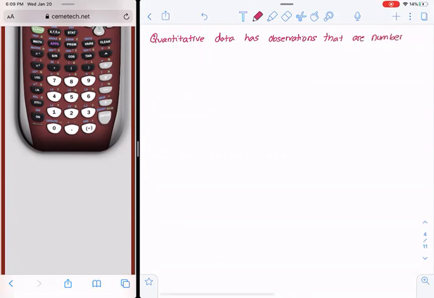And those numbers come from measurements of some sort. Oftentimes when we collect data, it is simply going to be in its raw form, in the sense you just have a bunch of numbers laying around. For instance, let's take an example.